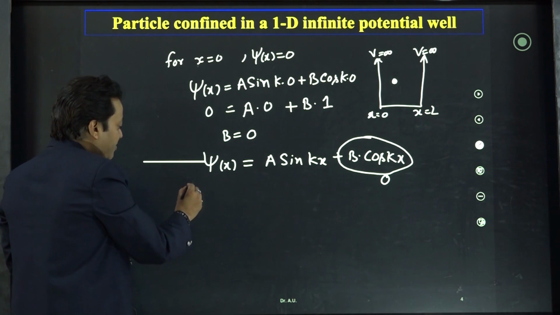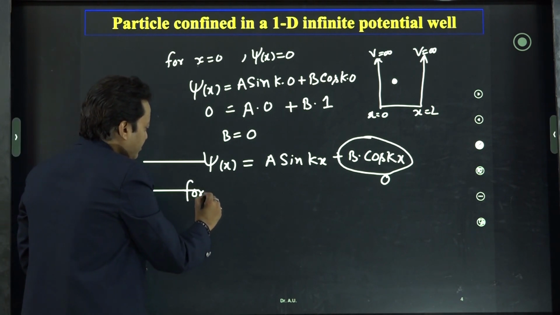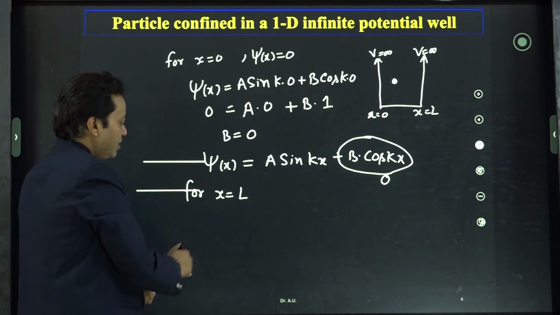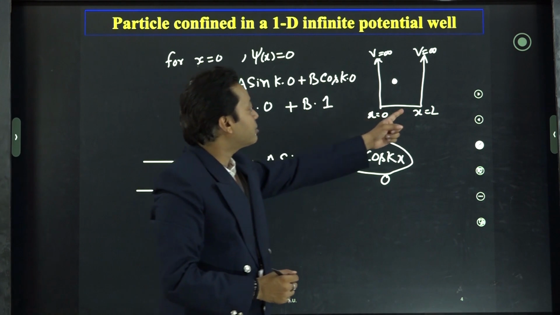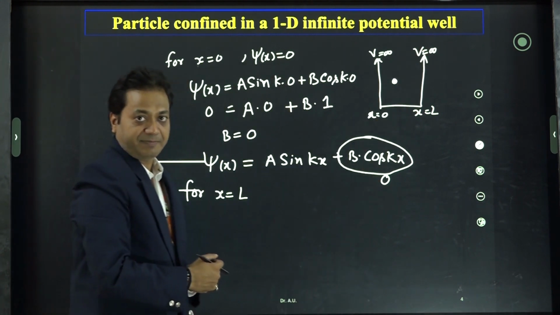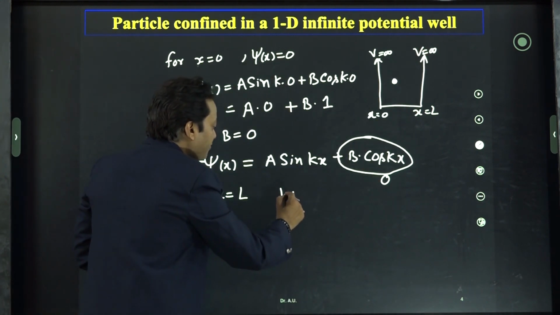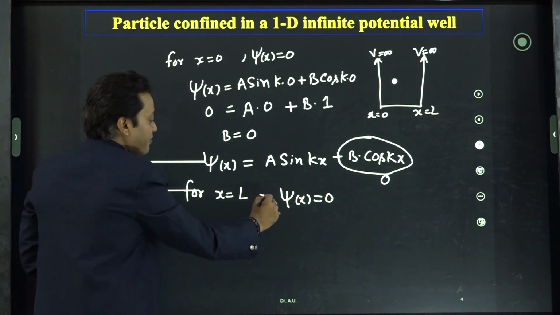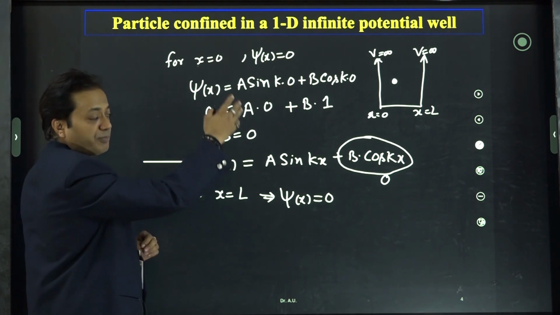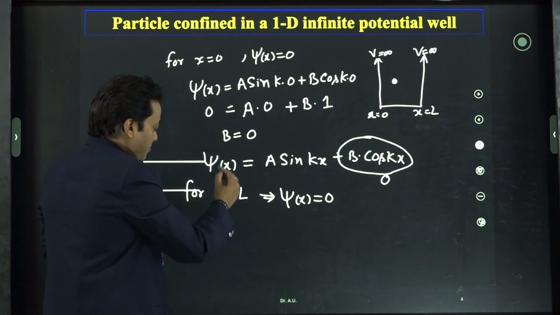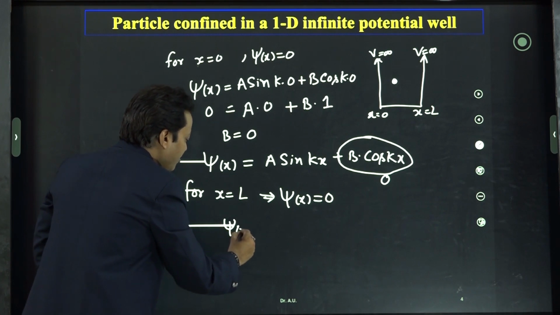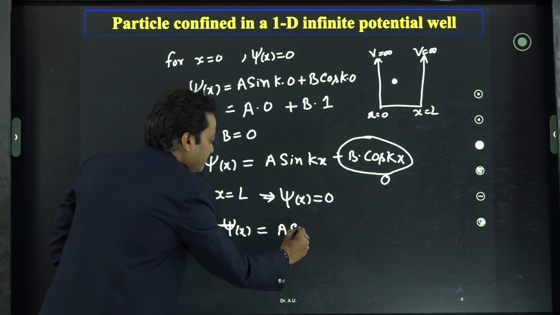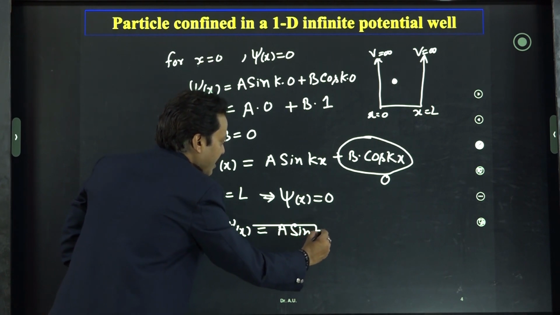For that, we will check the boundary condition of x is equal to L. Now at x equal to L also the potential is infinite. So it means the wave function will also be 0 at this point, x equal to L. The wave function will be 0 because the potential is infinite. So we can write the wave function psi of x is equal to a times sine k times x.